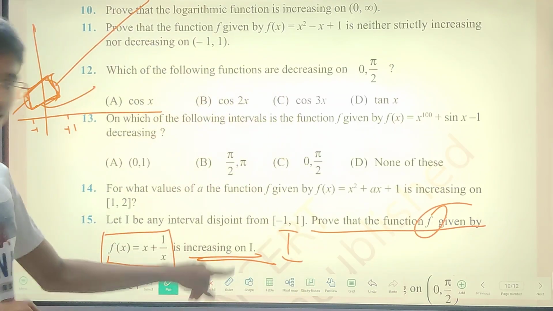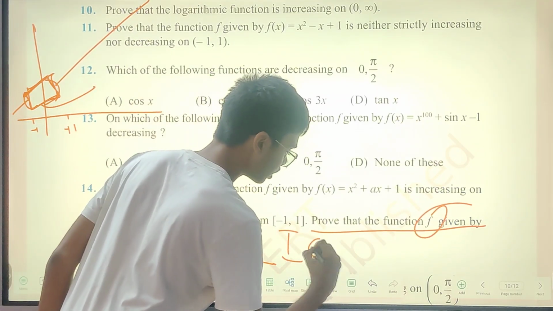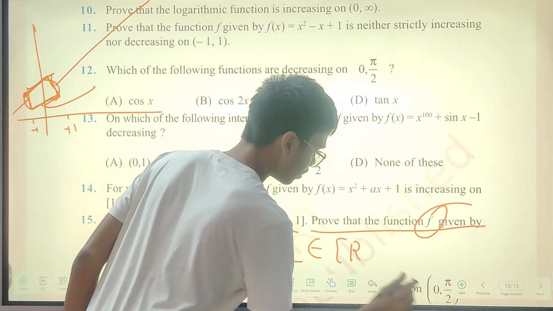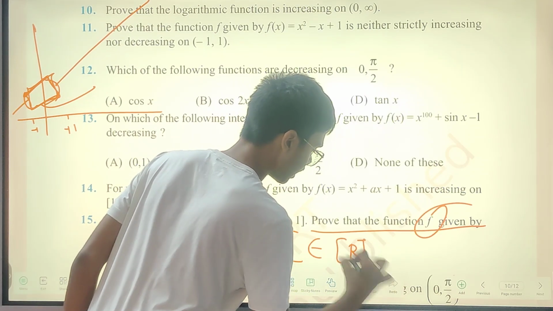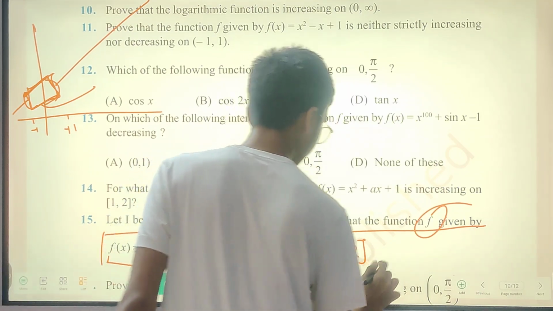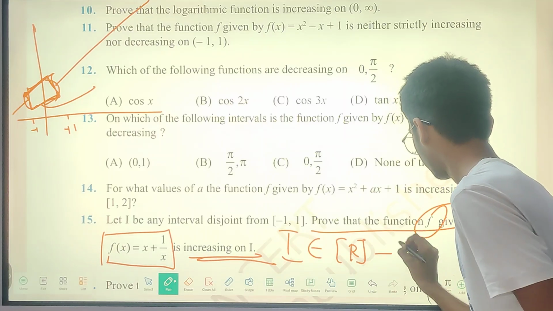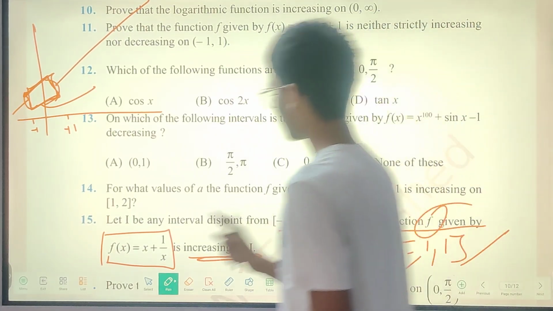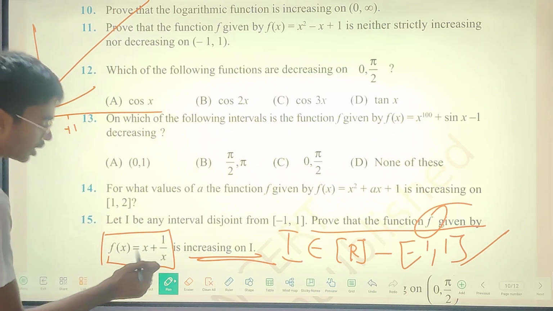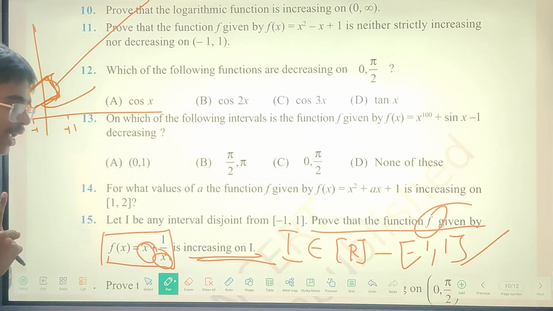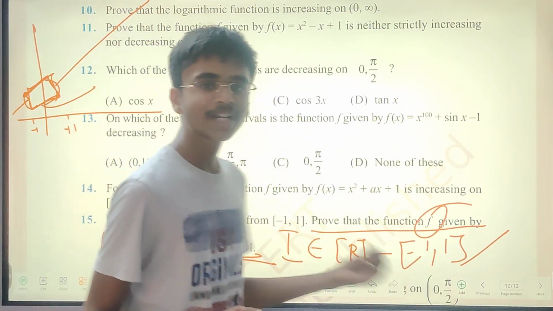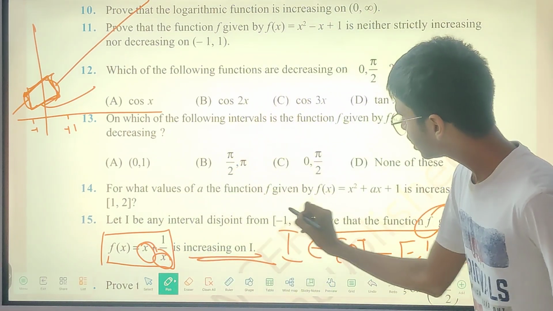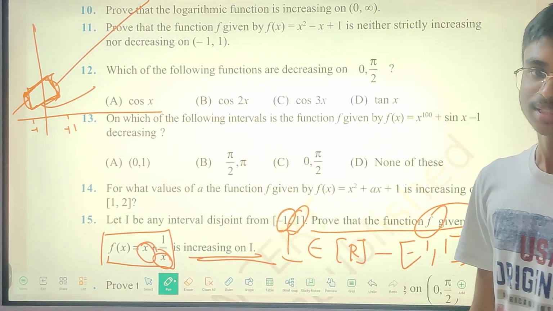So let us take I as all real numbers excluding -1 to 1. That means in place of x, you cannot put any real number from -1 to 1, and -1 and 1 are included here.